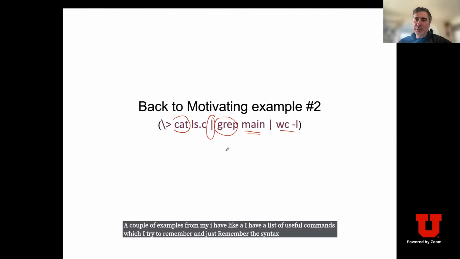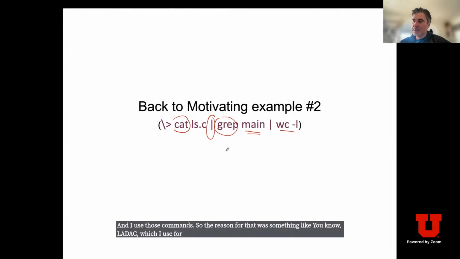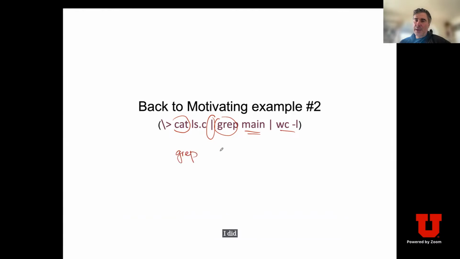But what I wanted to say is that since Tuesday, I was working on a paper and I used those commands. The reason for that was that LaTeX, which I use for writing and building PDFs, says, okay, there is an error in such and such line, but I don't know the file. So I ran something similar to this where I did grep of everything, like I was error, whatever.